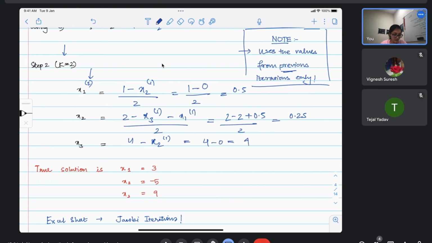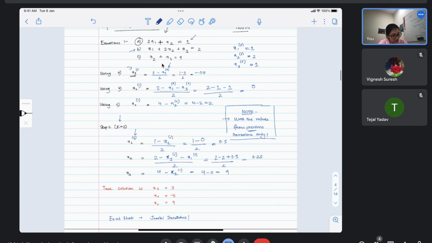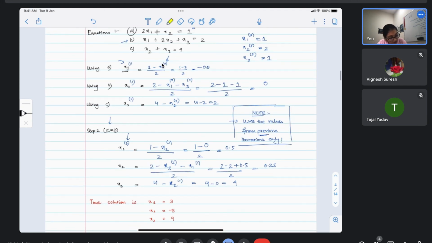Now, we have done only 2 iterations so far, right? Performing the first iteration, the value of x1 came out to be 0.5, the value of x2 came out to be 0 and the value of x3 came out to be 2.